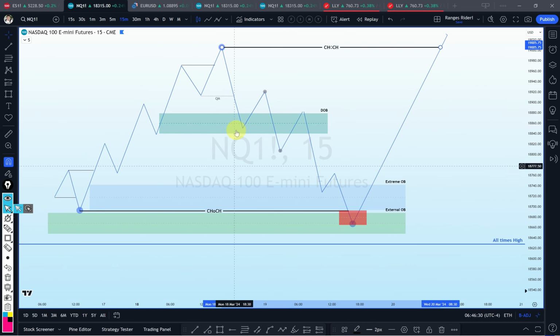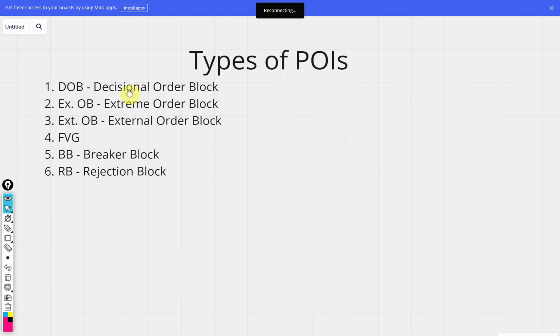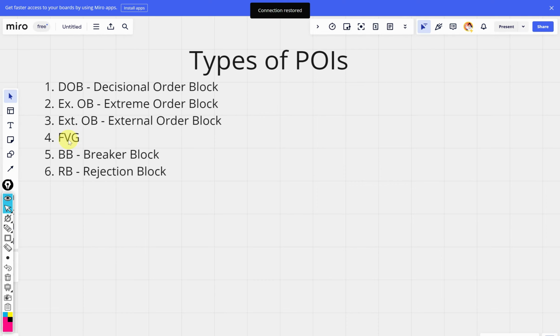So these are the three types of order blocks which I use every day, day after day. And other than this, we have the fair value gap, we have the breaker block, and the rejection blocks. I will explain these three things on the charts.